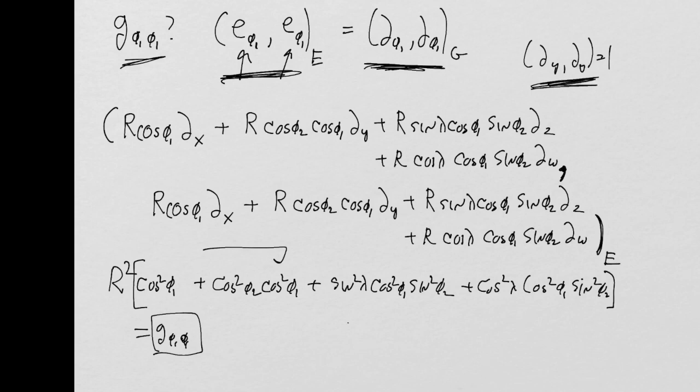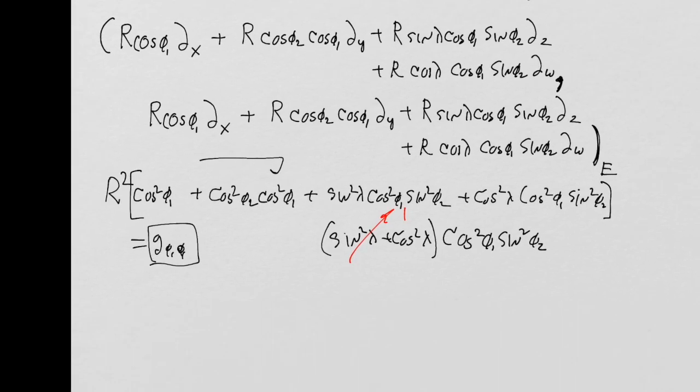If you look carefully, the sine squared and the cosine squared lambda, this term is the same, cosine squared phi 1, sine squared phi 2. It shows up as a factor for both of these lambda terms, which means I can pull it out, and of course I end up with sine squared lambda plus cosine squared lambda times cosine squared phi 1 sine squared phi 2, and this of course equals 1 by the Pythagorean rule, which leaves me now with what?